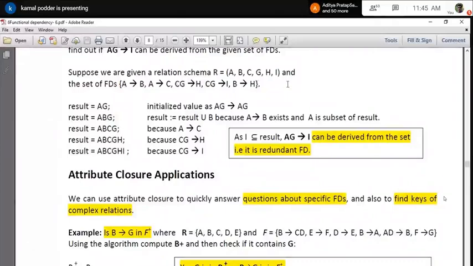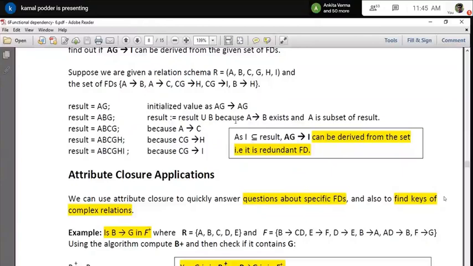Mind it, who will provide you the set of FDs? Suppose you are the designer, so hopefully you might be able to find maybe 3, 4, 5 FDs by examining your data and by understanding the meaning of the attributes. Then you start from there and do everything.